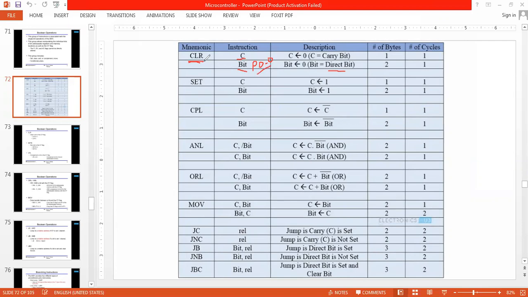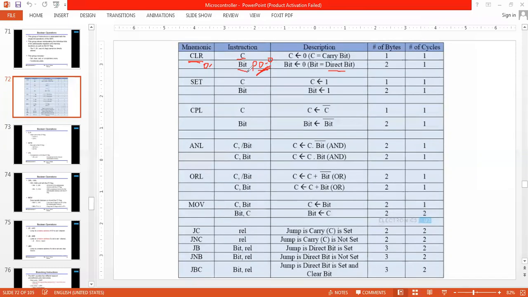That means I am sending 0 upon that pin, but upon that pin I am making it clear, I am making it 0. Whether it may be P0.0 to P0.7, P1.0 to P1.7, whatever, I am modifying a single bit.